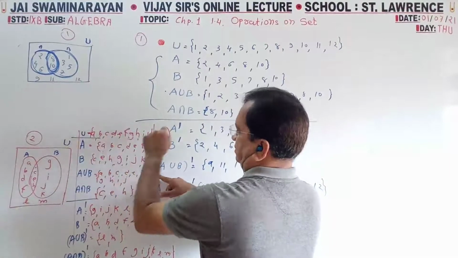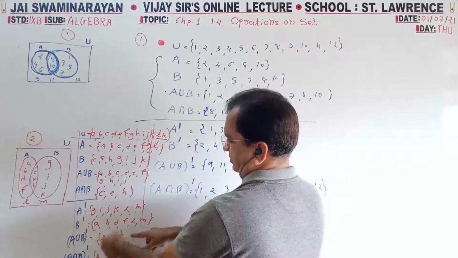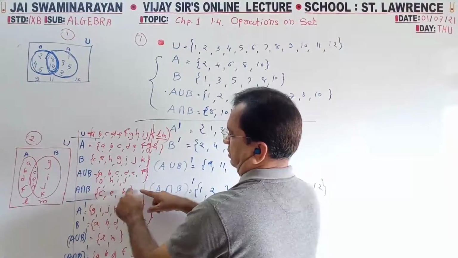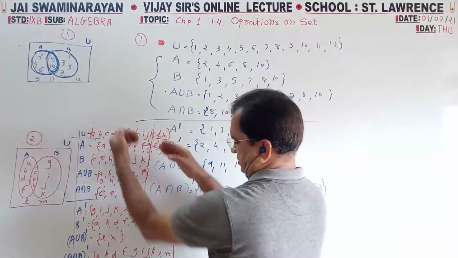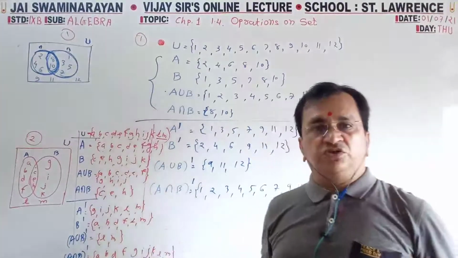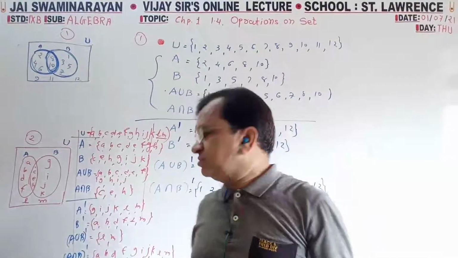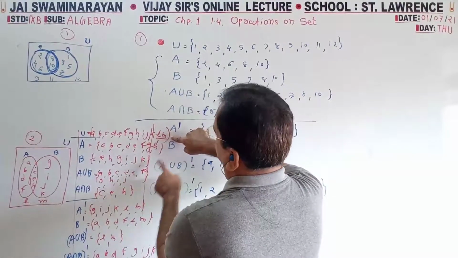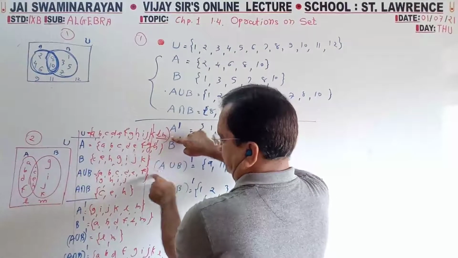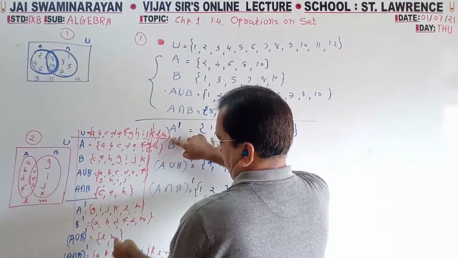Cut from this. What remains? You want intersection complement? C cancel, E cancel, H cancel. So every time for the complement you just match. If you match this and this, you will get this complement.